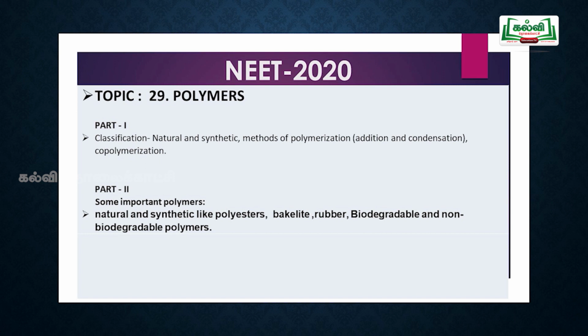Part 1: introduction about polymers, classification of polymers, examples and other things. In part 2: some important polymers and their preparation, like synthetic polymers, polyesters, bakelite, rubber, biodegradable and non-biodegradable polymers. Most probably you will get one question from this topic, polymers. Okay, so now let's see the introduction.